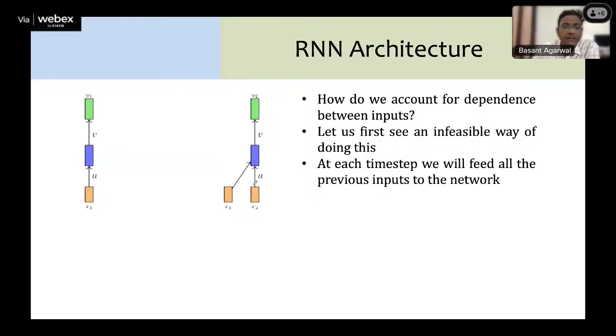So let's see some infeasible way of doing it, like why we cannot directly connect these. Let's say this is timestamp t is equal to 1. We give x1 to the network and predict y1.